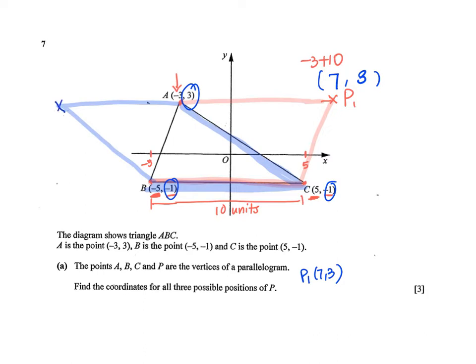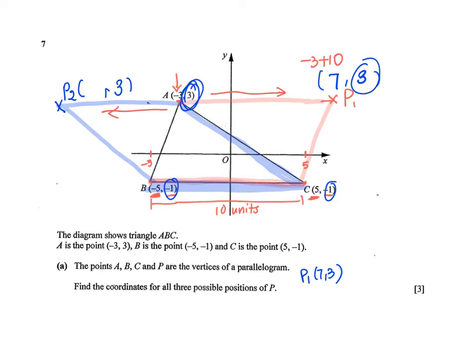Now, I shall call it P2, the second point. As usual, my y coordinate stays the same because it's on the same straight line. But for my x coordinate, instead of adding 10 units and going to the right, now I'm going to move to the left. How to move to the left?